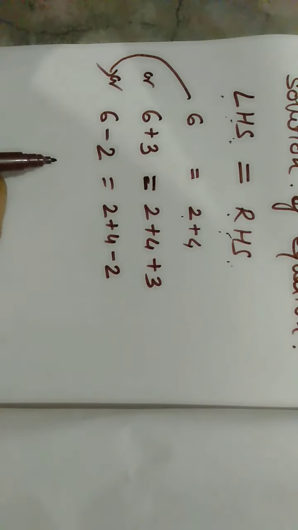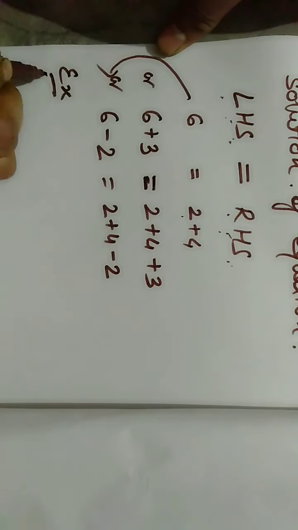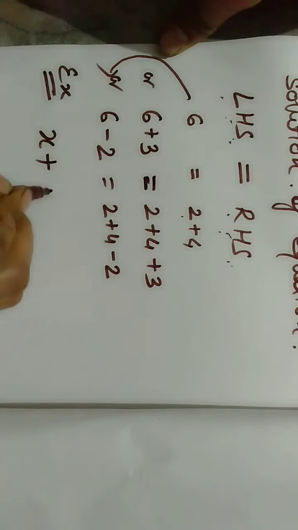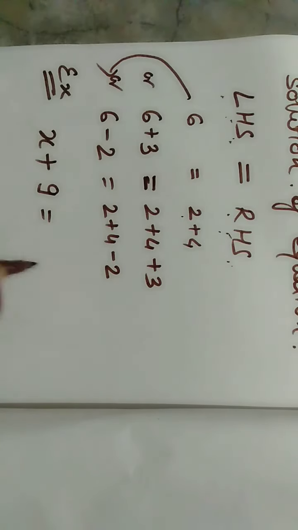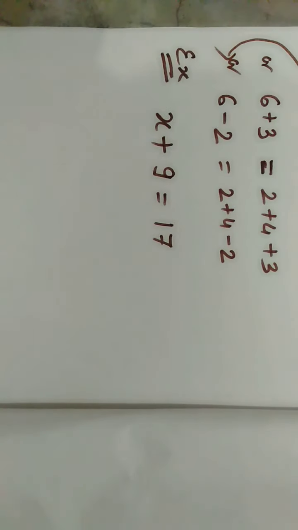So the method to find out the solution is that with the variable, let us take an example of x plus 9 is equal to, suppose, 17. x plus 9 is equal to 17. We have to find out the value of x.